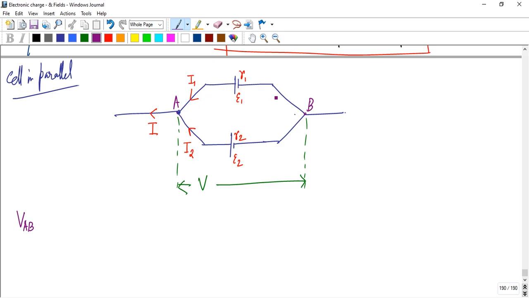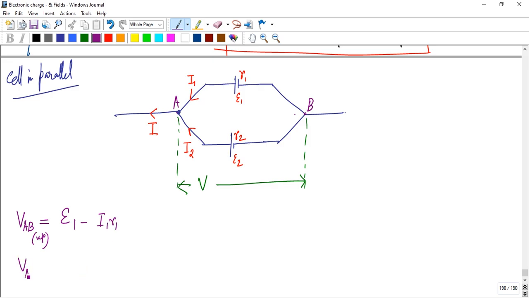VAB from upper part, you see that is equal to EMF1 minus I1 R1.